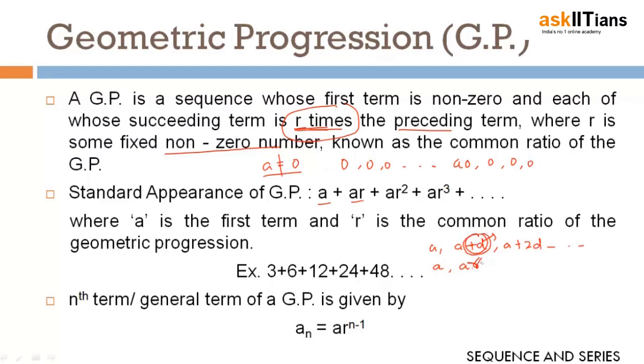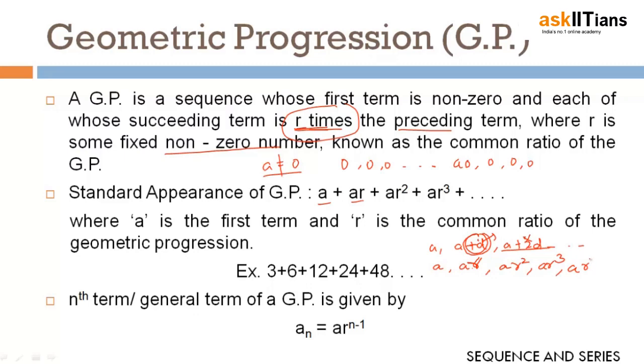So r here refers to the common ratio. In the AP it increased as 2d, 3d, 4d. Here it will increase in terms of powers, because there we were adding, here we are repetitively multiplying. So this will go like this.